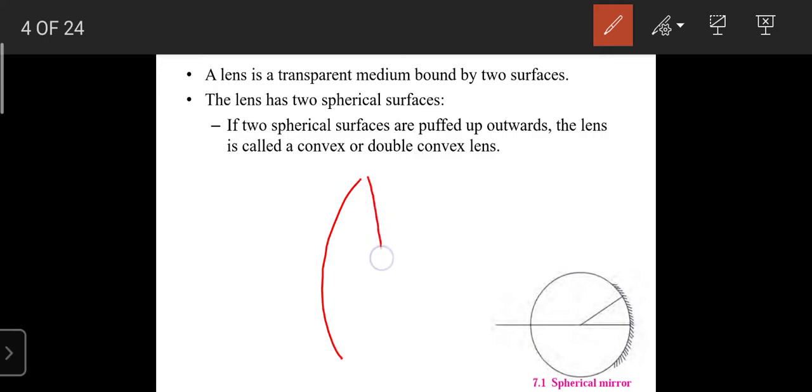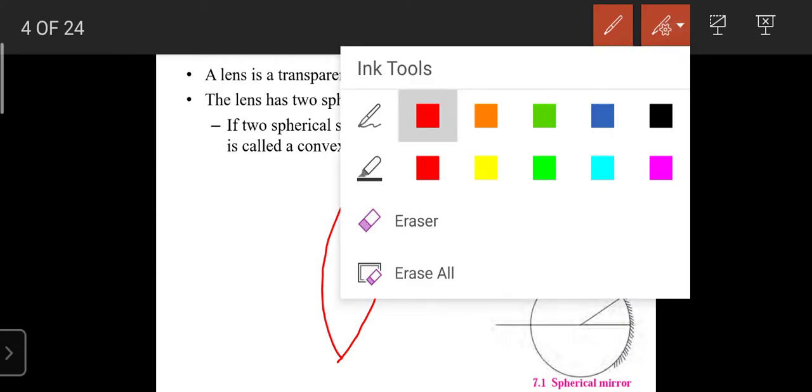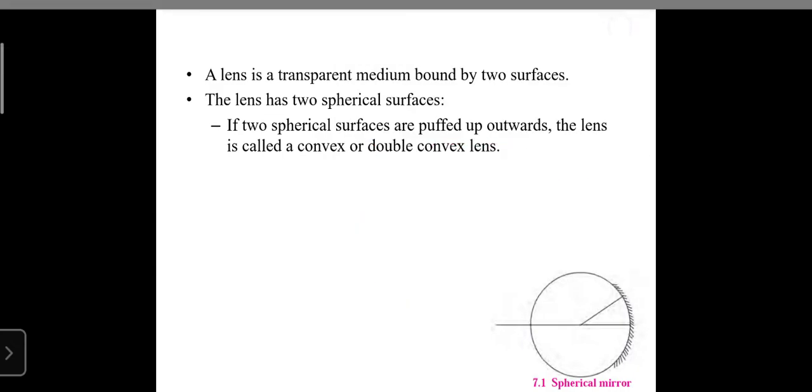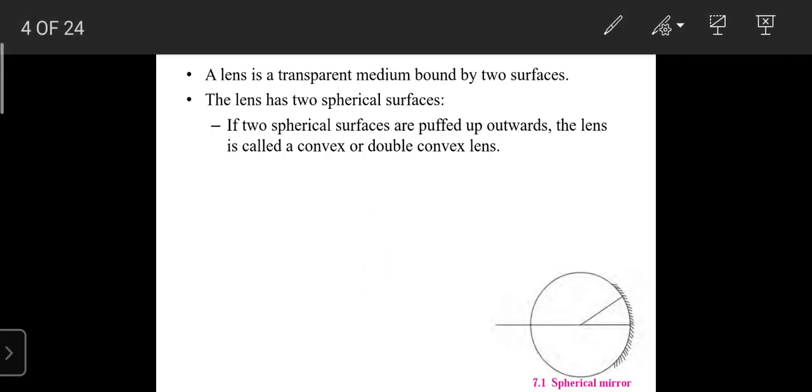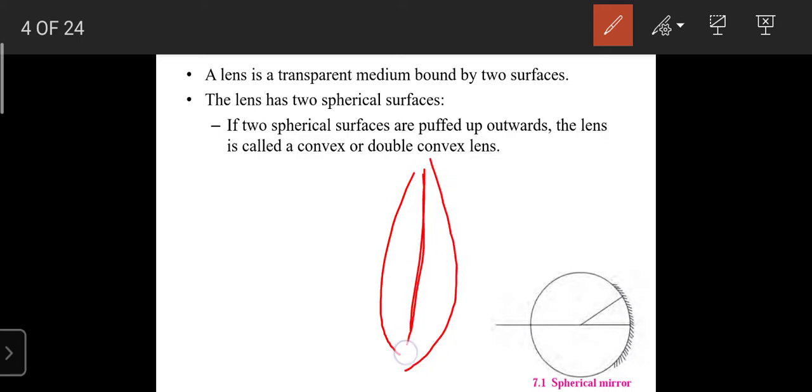So puffed up outward, that will be called a convex or double convex. This is the convex and this is double convex, you can say.